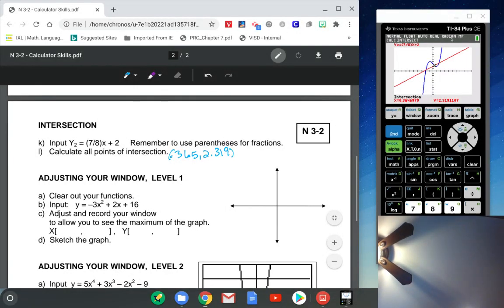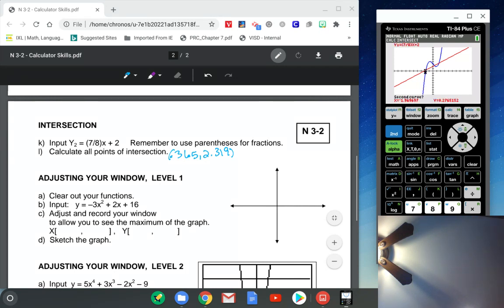All right. So to get these other 2 points of intersection, we're going to do the same process again. Second, calculate the intersection, number 5. And it's going to ask again, do you want to use this for the first curve? We do, but you may want to move your cursor to another intersection point at this time, because if you don't, then it's going to keep giving you the same intersection over and over again.